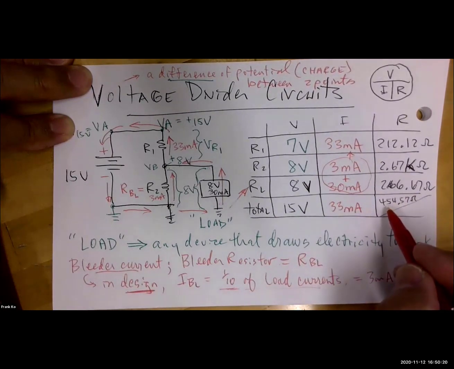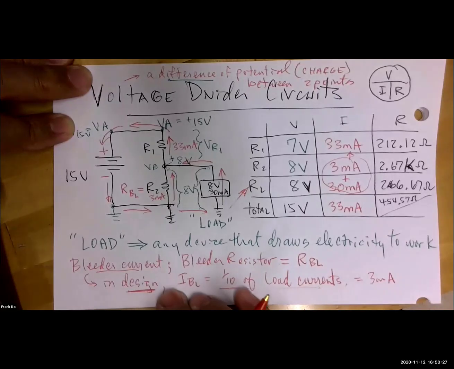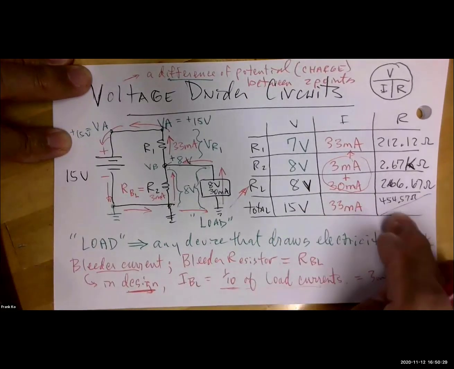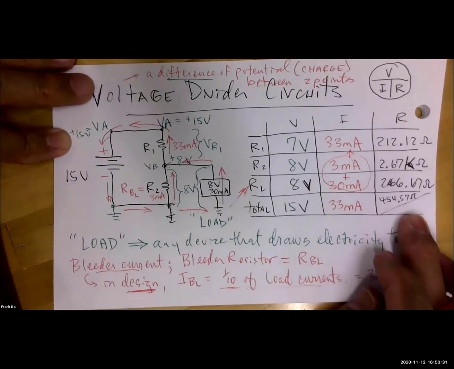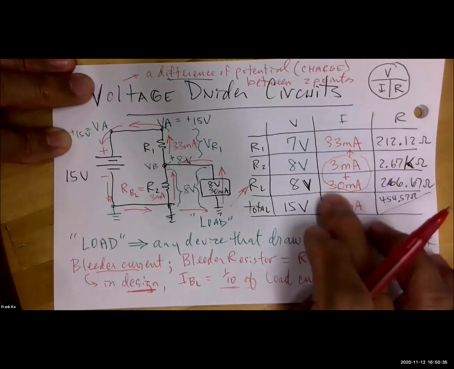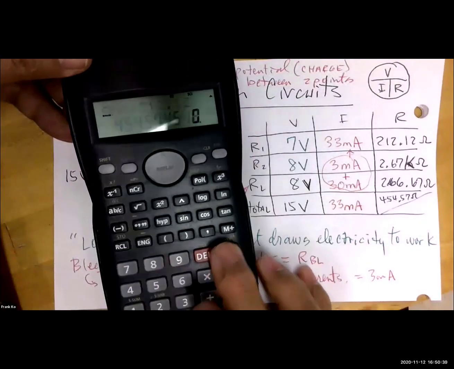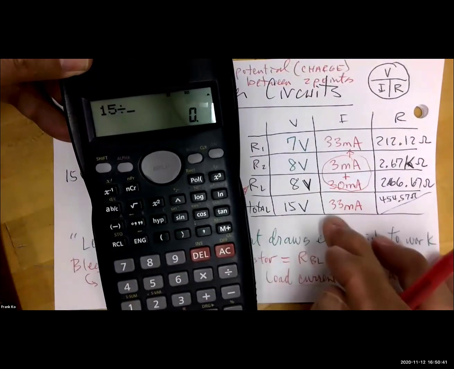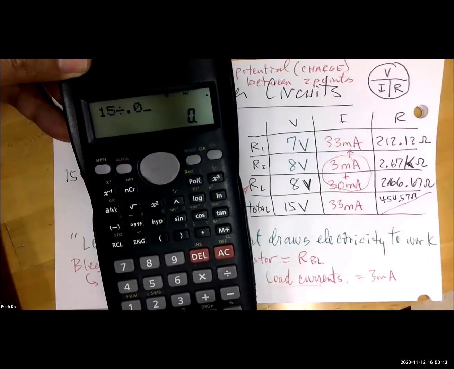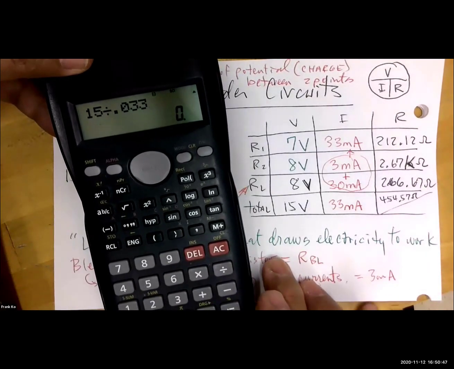The first value above the diagonal was calculated using parallel and in series addition. This lower part of the diagonal will be calculated using Ohm's law, because the 33 milliamps should be recognized. And let's go ahead and do that. Everybody take 15 volts and divide by 33 milliamps. I'm going to key that in as 0.033 just to make it easier.